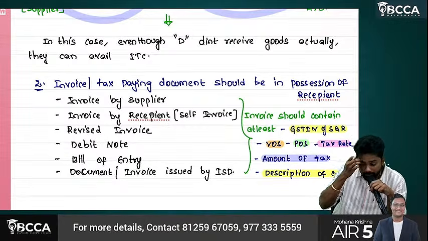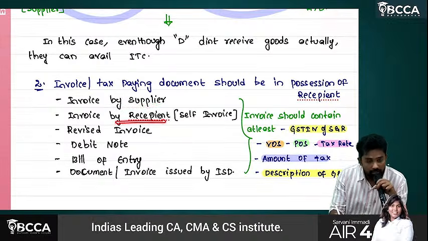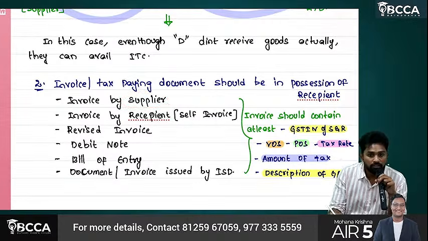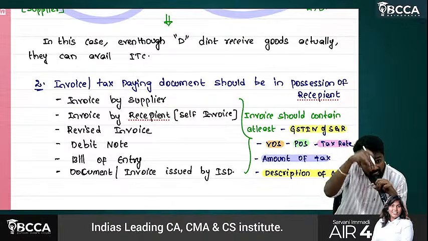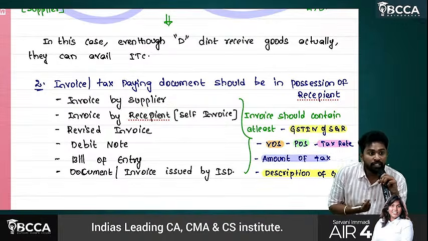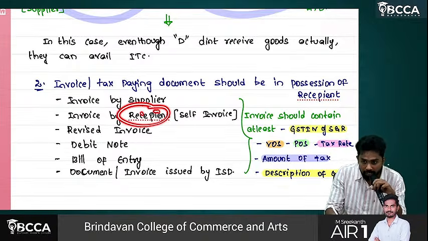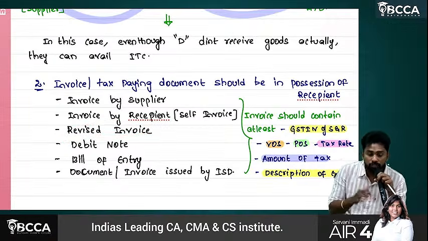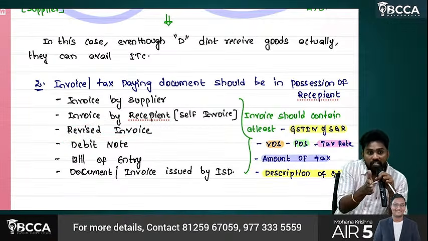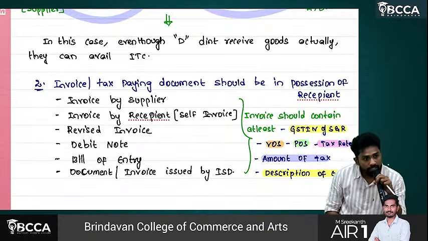Sir, understand? Invoice by supplier, invoice by recipient. Usually who will give the invoice? The supplier. But in case of RCM, if the supplier is unregistered, then the recipient himself will raise a self invoice. That's called what? Invoice by recipient. Or there will sometimes be a revised invoice. When? From the date of liability. Sir, you applied for registration within 30 days from the date of liability.